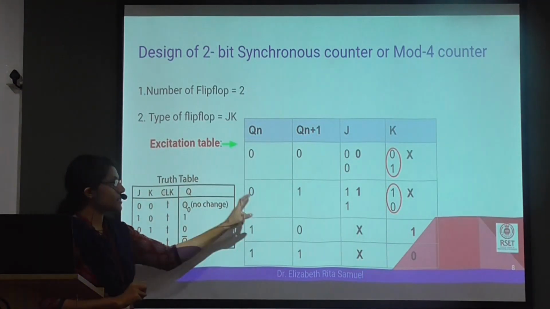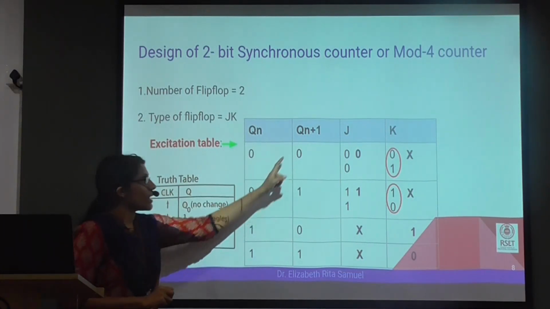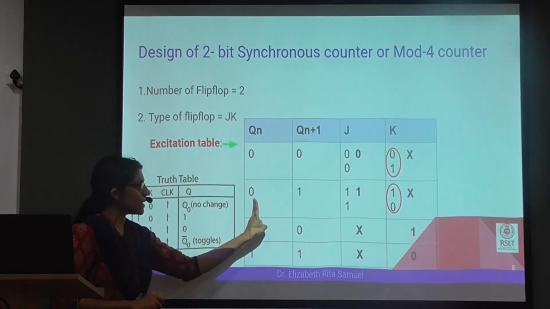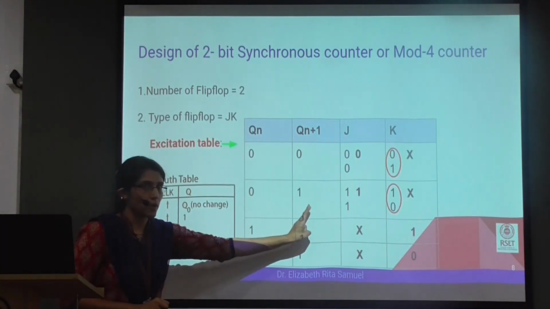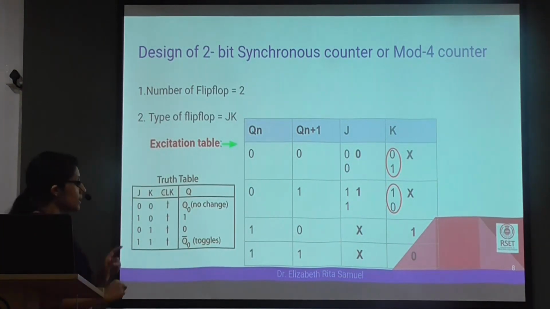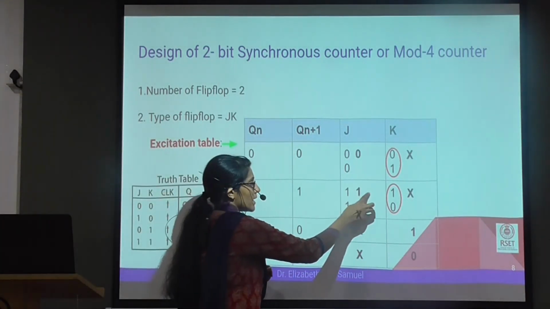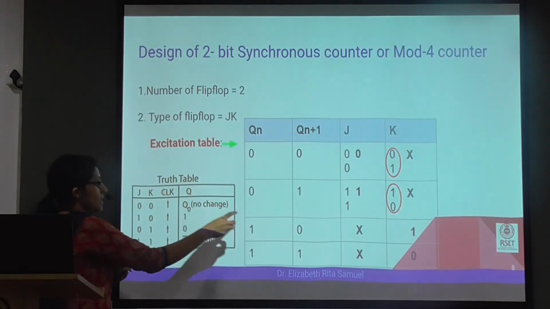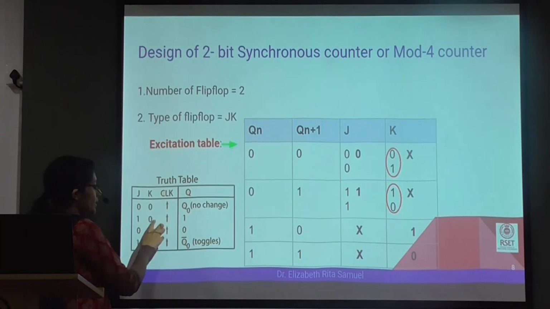Similarly, we can take the next case, when our previous value is 0 and our next value is 1. Here we can see that there is a toggling effect, that is, the 0 has become 1. For the toggle effect, we know J is 1 and K is 1. And to obtain our output as 1, we know the case is J is 1 and K is 0.